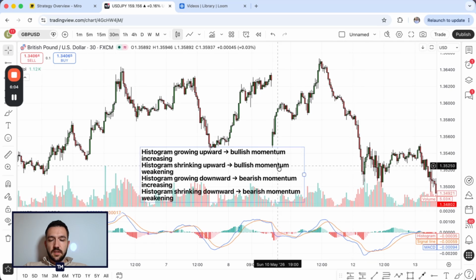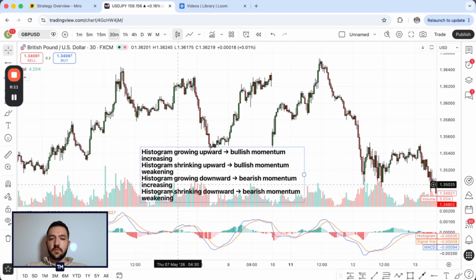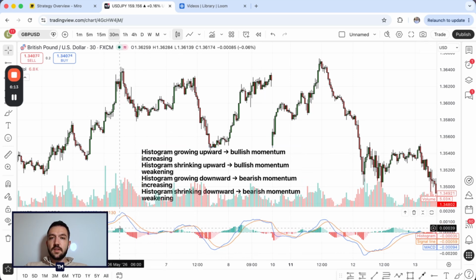So if histogram is going upwards, this means bullish momentum is increasing. So what does the histogram growing mean? That means that there is a growth in difference between MACD and signal line.